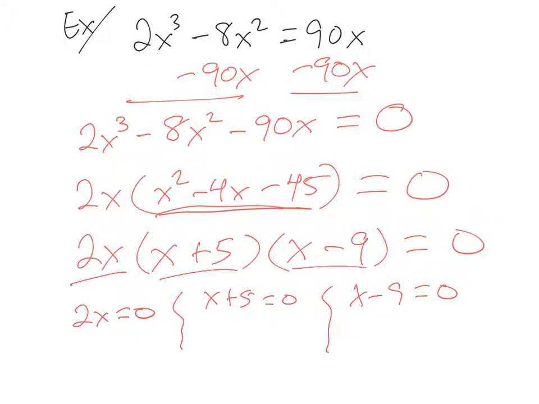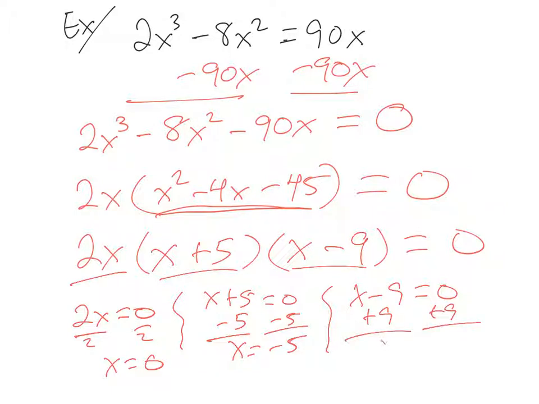So here I divide by 2, divide by 2, so I get x equals what? 0. I subtract 5, I subtract 5, so I get x is what? Negative 5. I add 9, I add 9, I get x equals what? 9.